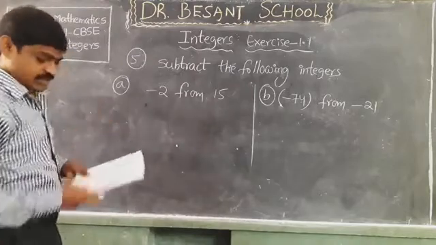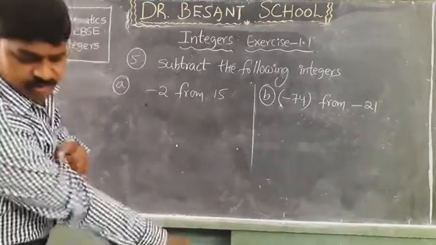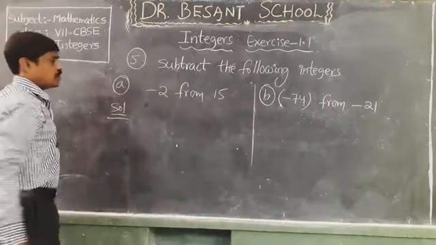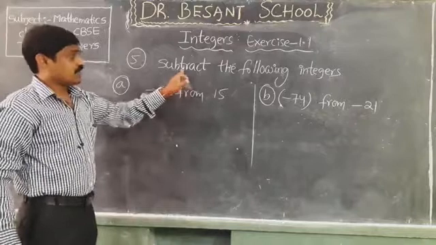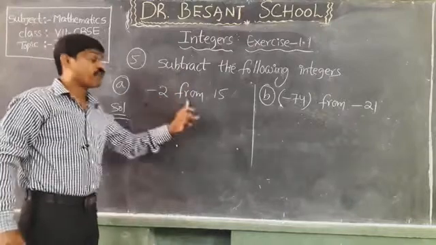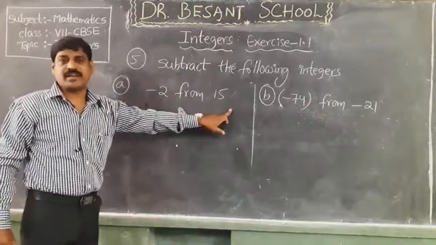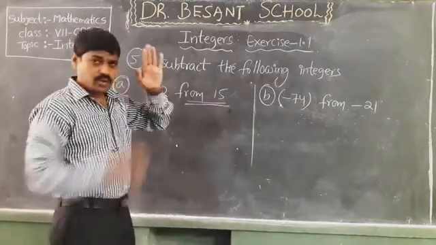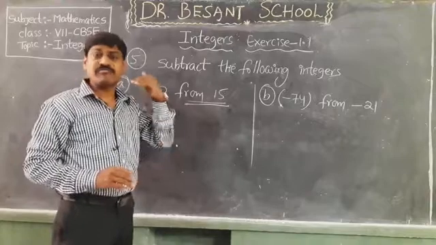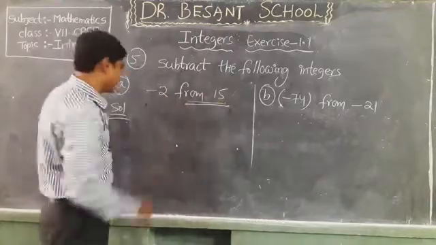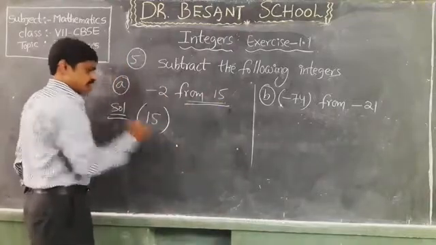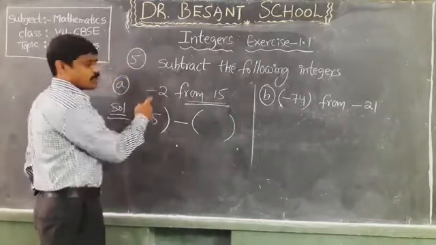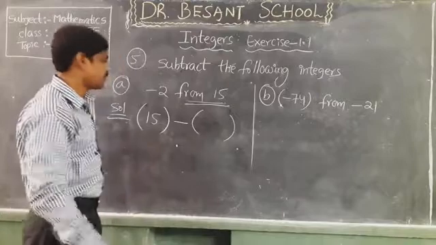Okay, first one, this one we will solve. Solution. See, subtract the following integers: minus 2 from 15. From 15. So whatever is 'from', we have to write first. From 15, so from the number, that means 15 minus, what do we have to subtract?